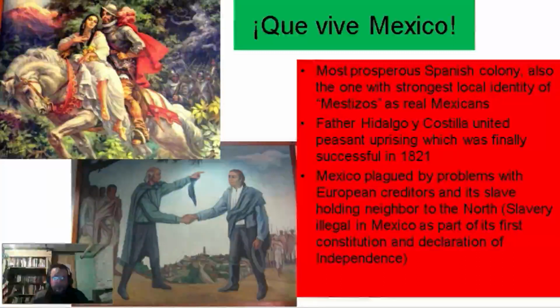So, as the Napoleonic Wars continued to bog down Spanish imperial authorities, on September 16th, 1810, a priest named Miguel Hidalgo y Costilla rang the church bell in Guanajuato and shouted the cry of Dolores, where he beckoned to Mexican nationalism and the rights of peasants to not be oppressed by foreign overlords. Over the next decade, Mexico won autonomy, then independence from Spain, which eventually realized it was too costly to try to retake Mexico.